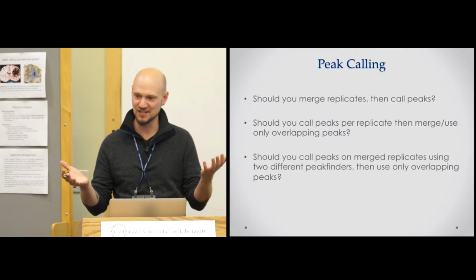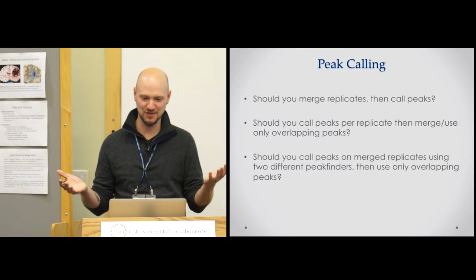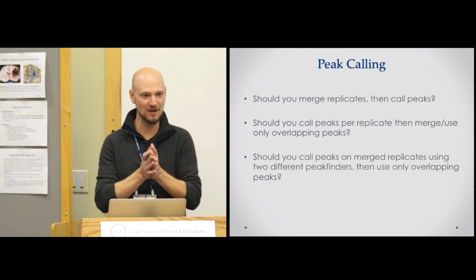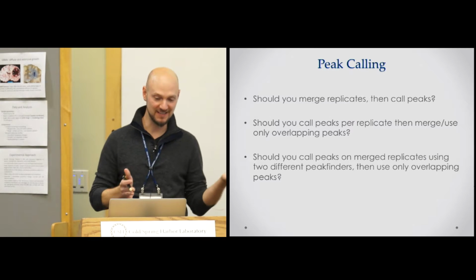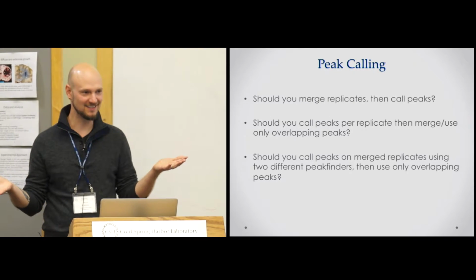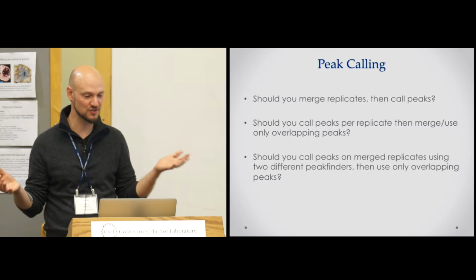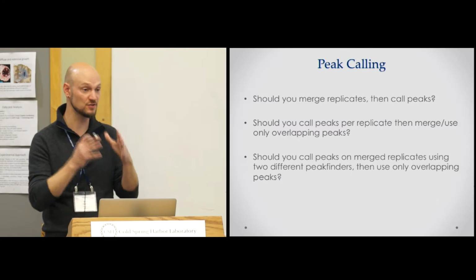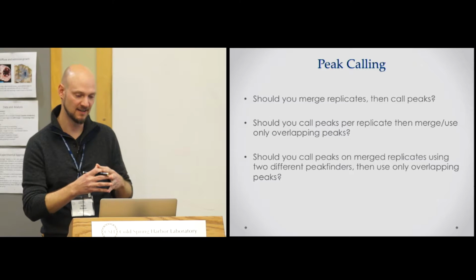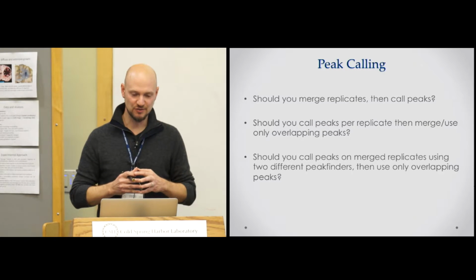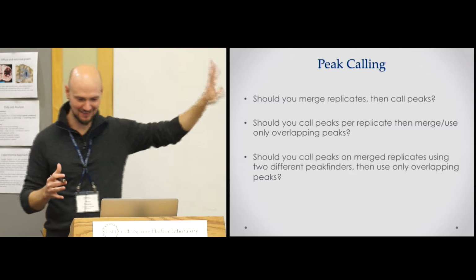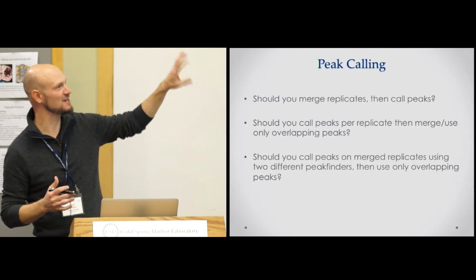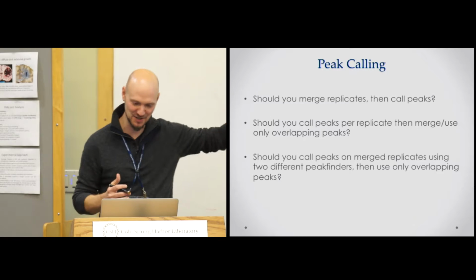So you've generated your replicates, and so should you merge your replicates and then call peaks on the merged data set? Should you call peaks per replicate and then say, I'm only going to merge or use the overlapping peaks because those are the ones I'm most confident in? Again, I can't direct you to the papers that have done all of these things, but I know they do exist.